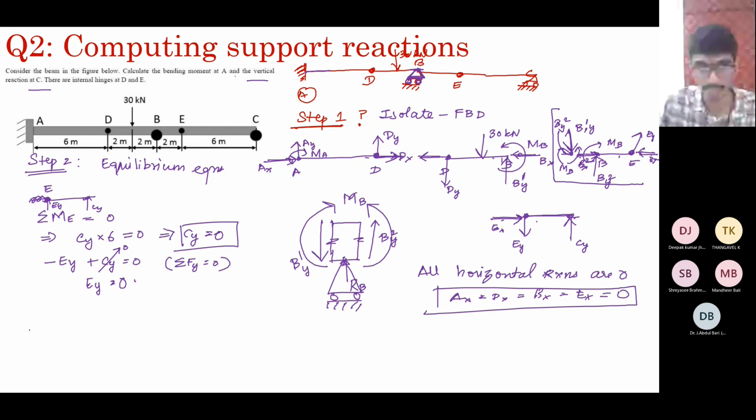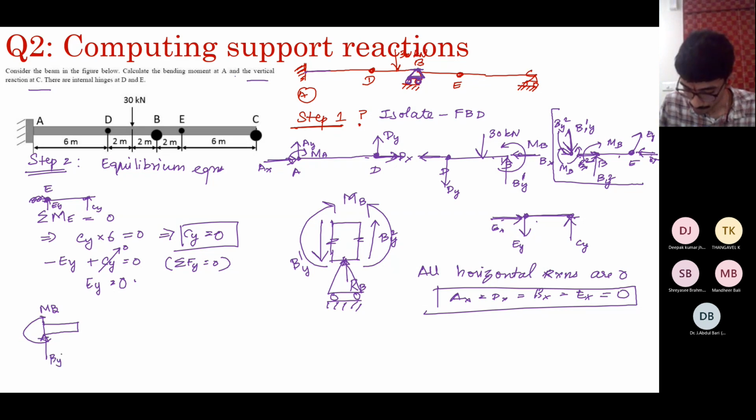If you consider BE, there is no horizontal force or vertical force coming at point B. So at this point, you have the beam like this. You have MB, you have BY2, and EY is 0.